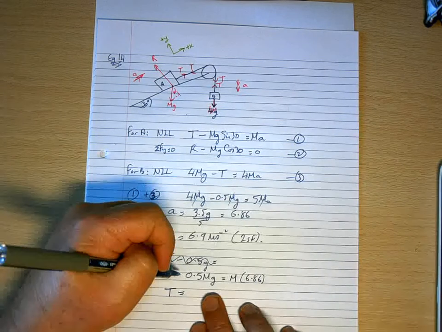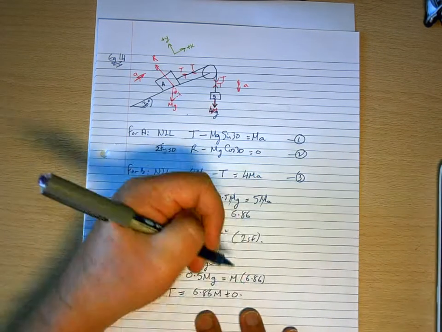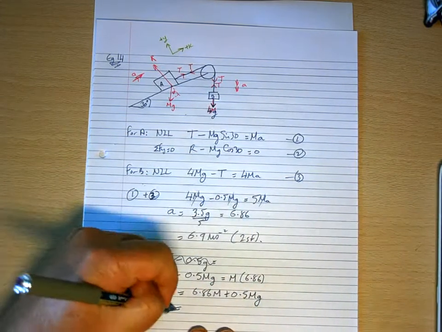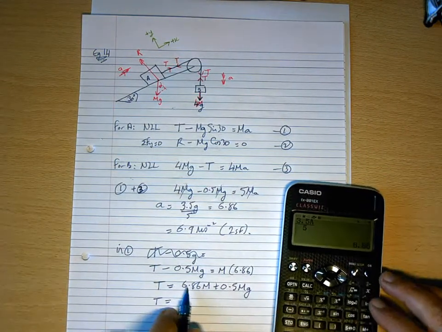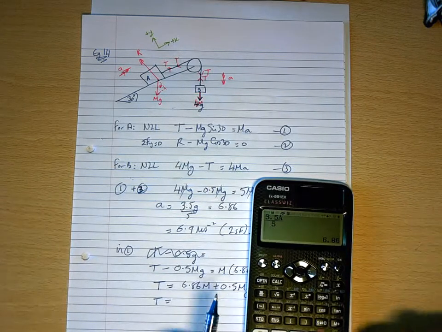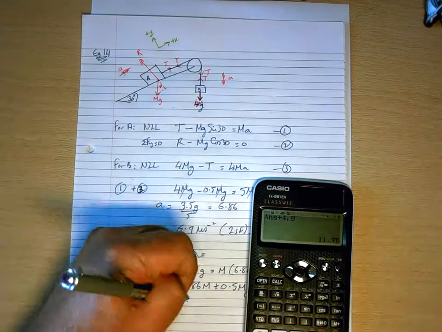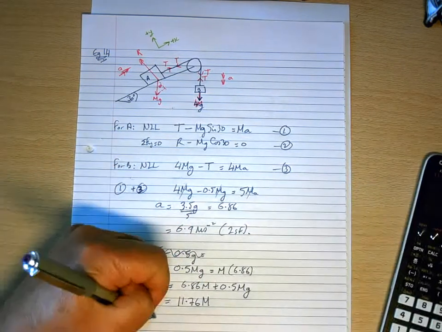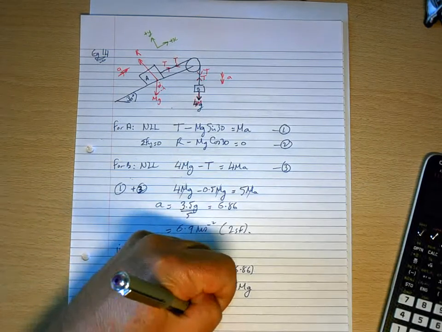So T equals 6.86 m plus 0.5 mg. So it's going to stay in terms of m. Half of 9.8 is 4.9. So add 4.9 to that, and I get the tension is 11.76 m. So two significant figures is 12 m newtons.